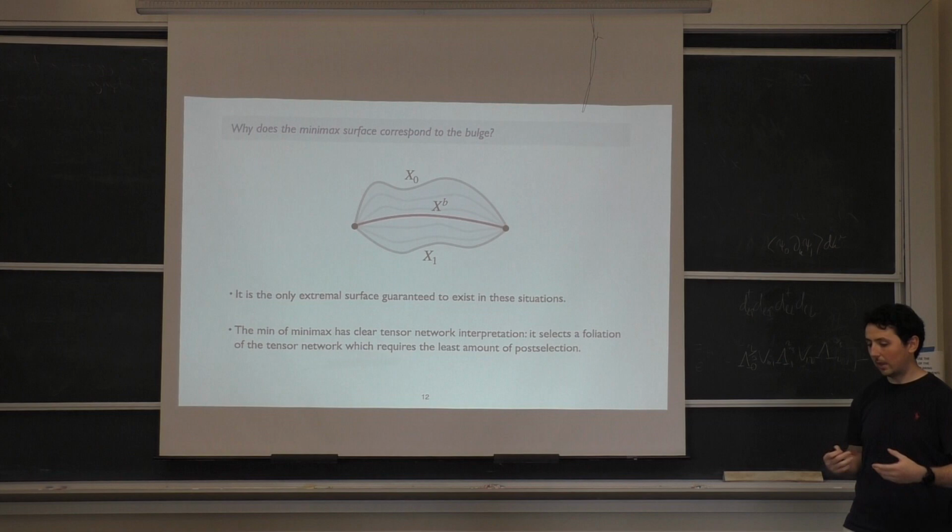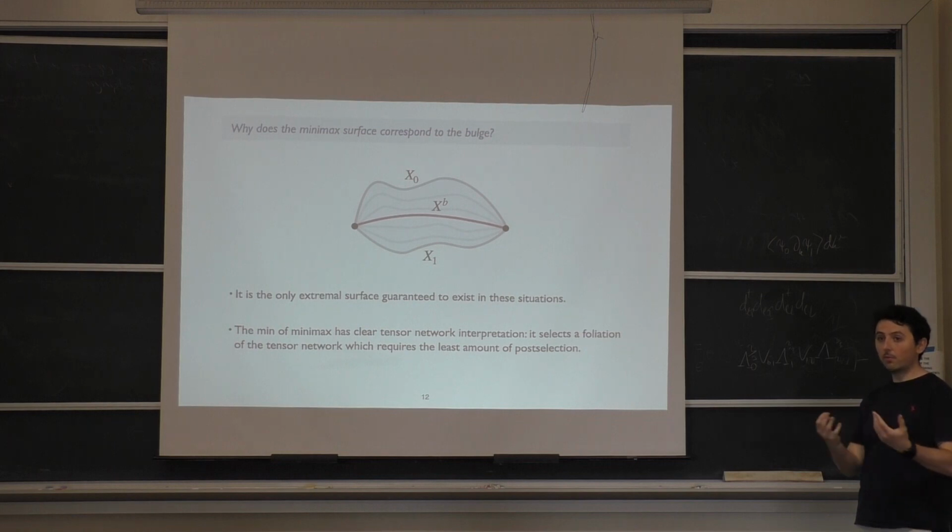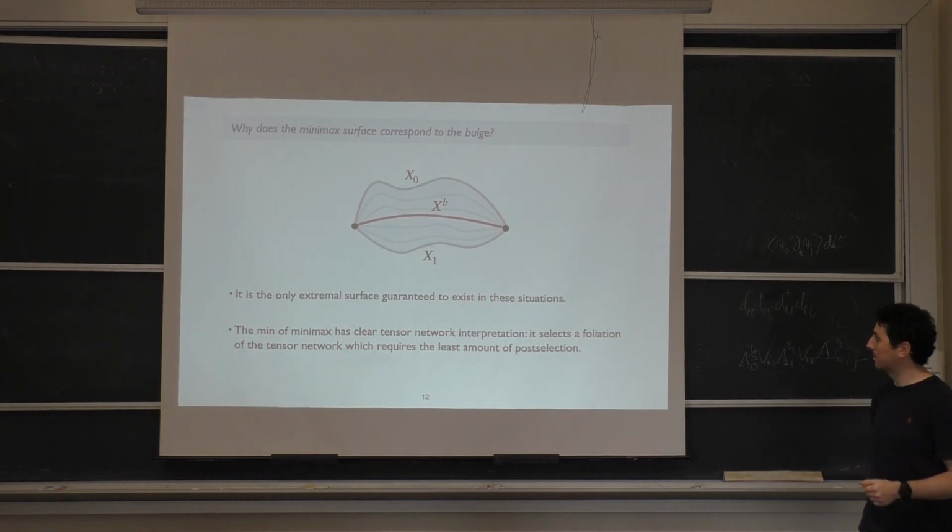And now we want to undo these tensor networks by applying unitaries layer by layer following this foliation. So the max basically detects the amount of post-selection given a foliation of this tensor network, and the min is just the optimal foliation to undo this tensor network in this layer by layer way.